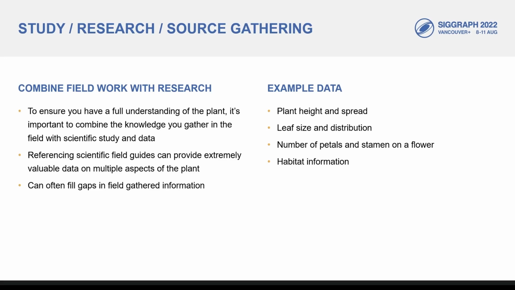That can help to fill gaps in field information, stuff you might miss or just not even be able to see. Things like that can include the general height or spread of a plant, the size of leaves, how many there are, how they distribute, really specific things like the number of petals or stamen on a flower, which is easy to miss or hard to perceive when the flowers are really small. And then general habitat information, like where they grow, the population densities, all kinds of things like that can really assist when making a model.